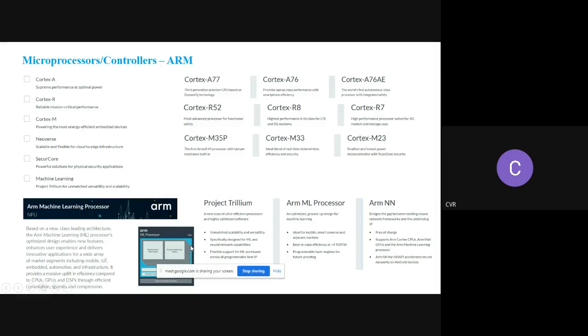You can see some of these processors, especially for machine learning applications. This is what I was talking about yesterday: machine learning is not only software, it's a combination of software plus knowledge of electronics, because you need a good knowledge of processor architecture to implement machine learning algorithms.